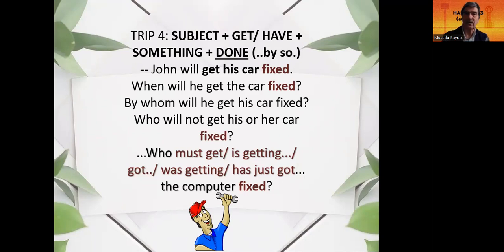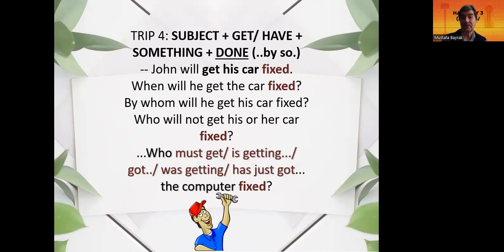He will get the car fixed tomorrow afternoon. By whom will he get the car fixed? He will get the car fixed by Faruk, mechanic Faruk. Who will not get his or her car fixed? Jakub will not get his car fixed.